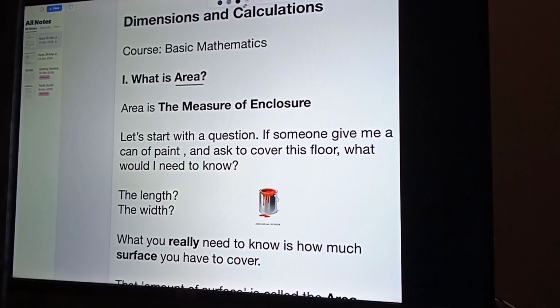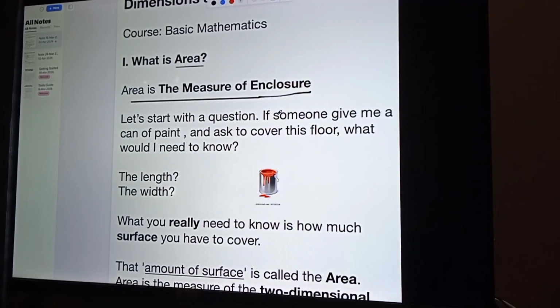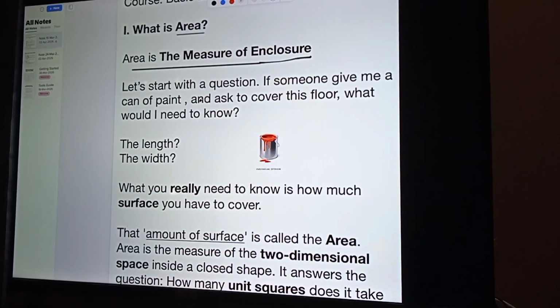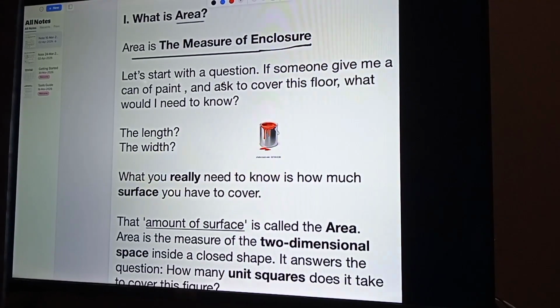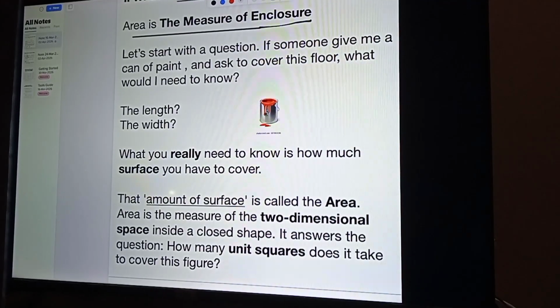What is area? So area is the measurement of enclosure. Like if someone gives me a can of paint and asks me to cover a particular floor or a wall, what would I need to know?